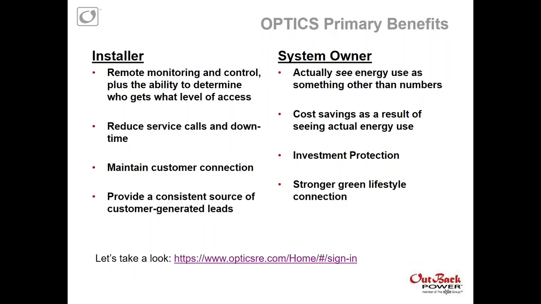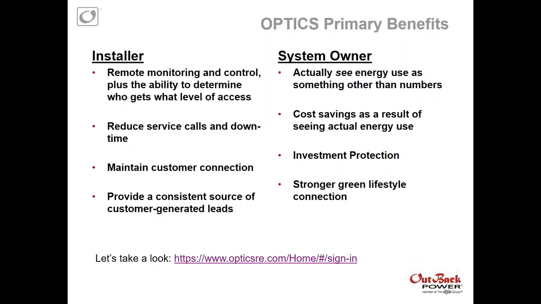So basically, Optics was built for the installer. The idea behind it is minimizing the number of hours of windshield time or calls that you're going to have to take to go out and check on a system that a customer has installed.